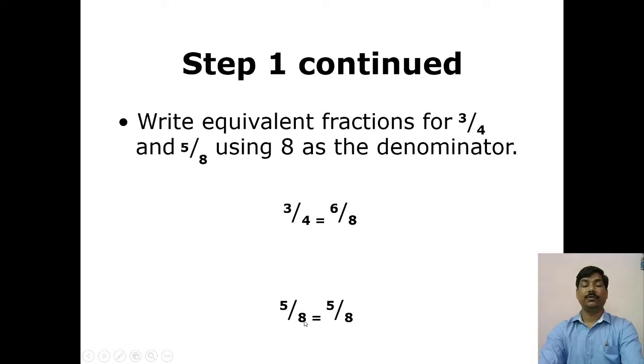There is no need to find the equivalent of 5/8, because 6/8 and 5/8 are now like fractions. So we write it as the same 5/8. Now we will compare 6/8 and 5/8 in place of 3/4 and 5/8.